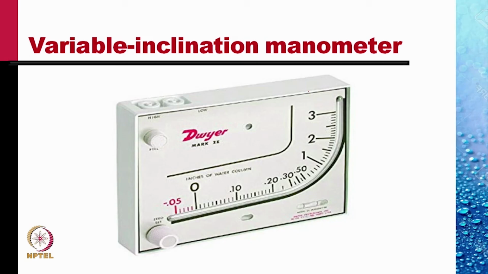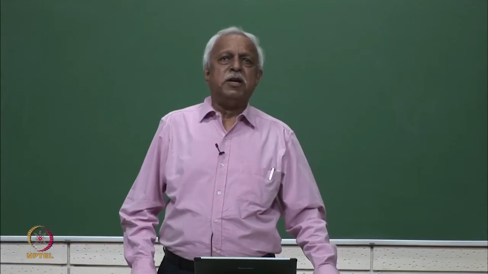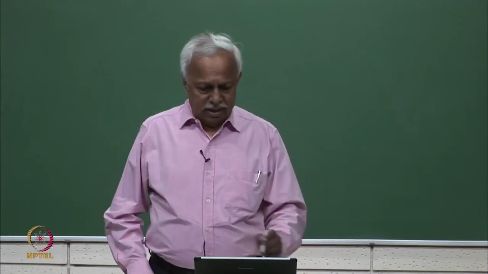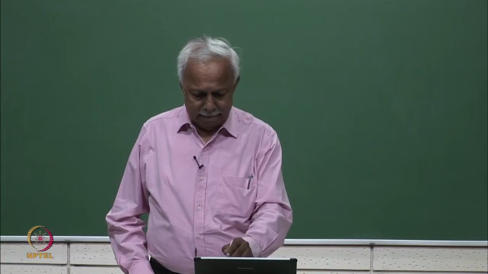So in this commercially available variable inclination manometer, the tube is curved in such a manner that the inclination at low values of head difference is large, but the inclination at higher values is low. In fact, the tube becomes vertical towards the higher end.